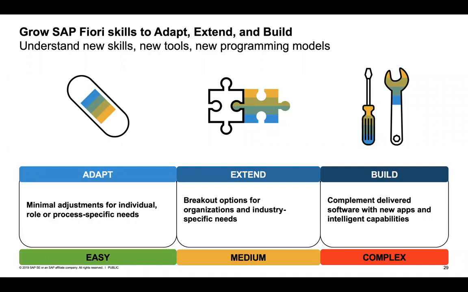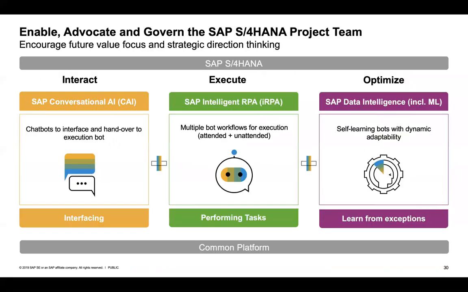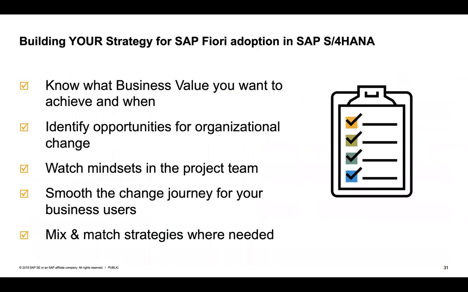It's not back in your IMG. So that's something the project team has to come to grips with. And of course, if you're going down intelligent enterprise scenarios, they may need to get their head around some of these newer technologies. The first three off the block are chatbots, machine learning, and the newest one, robotic process automation. So they need to understand a little bit about that.